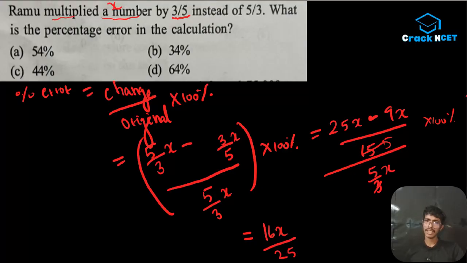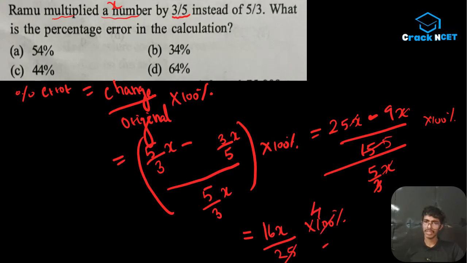X gets cancelled, into 100 percentage, 64 percentage. Which gives the answer as 64 percentage.